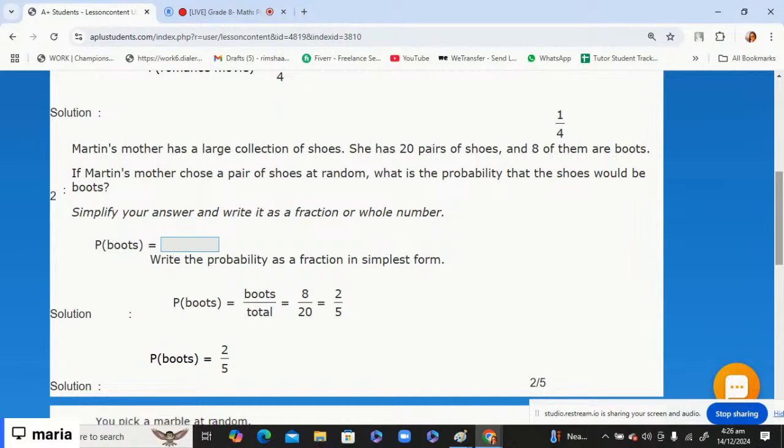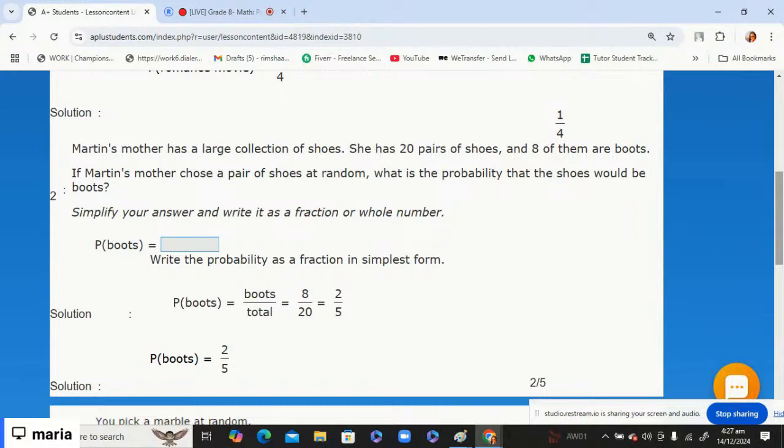Martin's mother has a large collection of shoes. She has 20 pairs of shoes. How many total pairs of shoes? 20. And 8 of them were boots. If Martin's mother chooses a pair of shoes at random, what is the probability that the shoes would be boots? Okay.